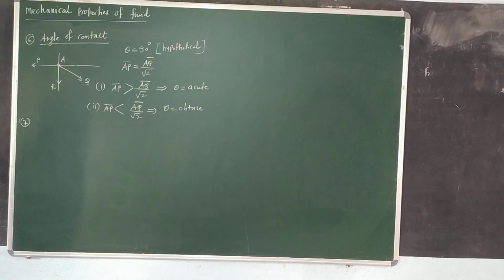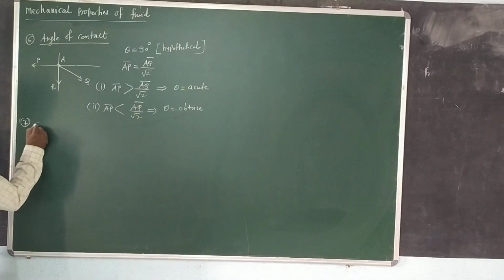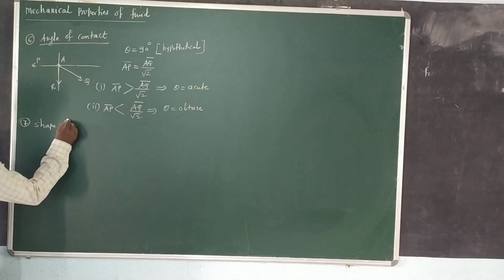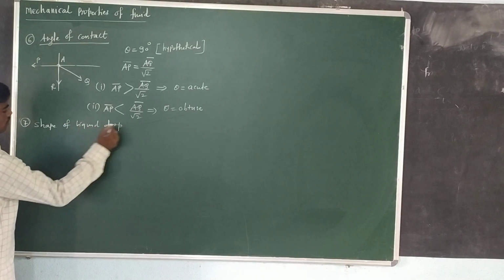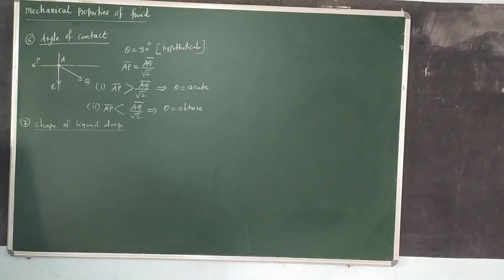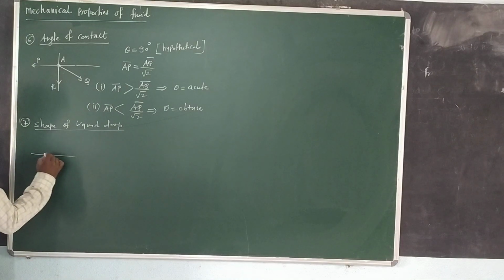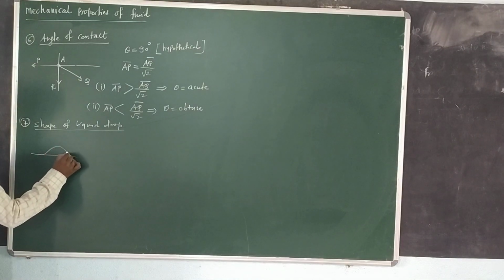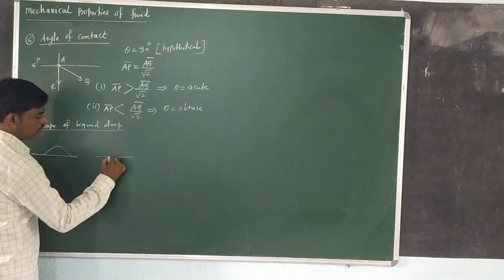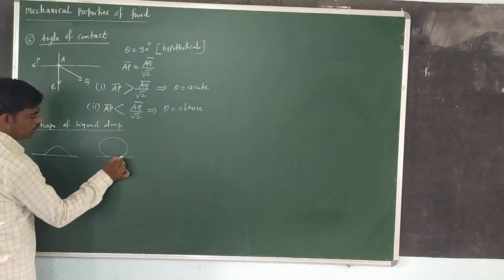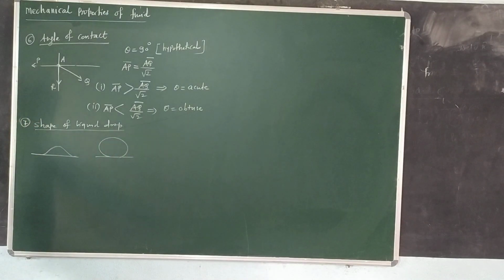The seventh formula is regarding the shape of a liquid drop. We know that when a liquid drop falls on the ground, it may acquire a shape where the angle of contact is acute, or it may acquire a shape where the angle of contact is obtuse.